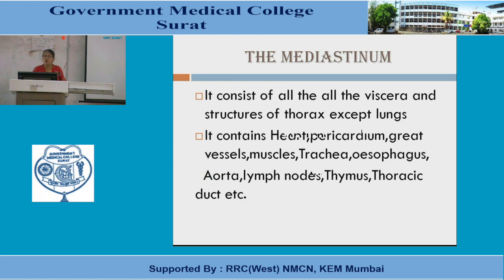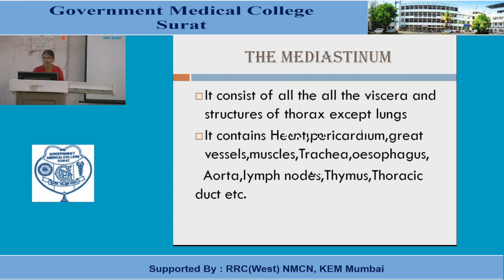It consists of all the viscera and structures of the thorax except the lung. So except the lung, all the viscera and structures between the two lungs are the mediastinum. It contains major structures: the heart, pericardium, great vessels coming out of and entering the heart, a few muscles we will talk about, then tubes like the trachea, esophagus, aorta, and then lymph nodes.